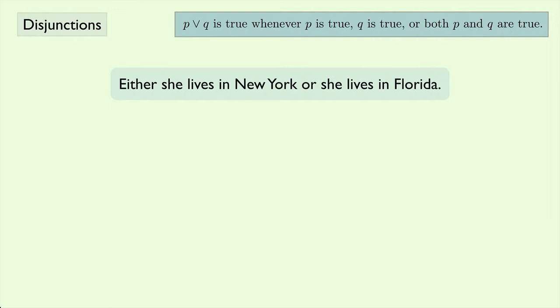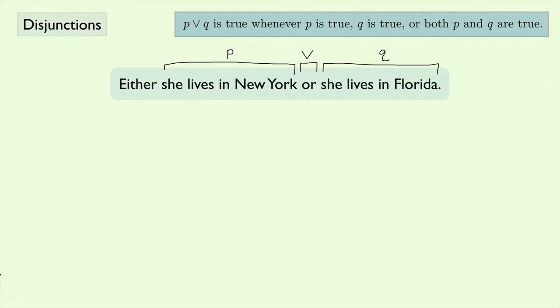Okay, so if we were going to use our notation from before, we could say that the either she lives in New York part, that could be P. And then we have an or right here, so that's or. And she lives in Florida would be Q. Either she lives in New York or she lives in Florida.